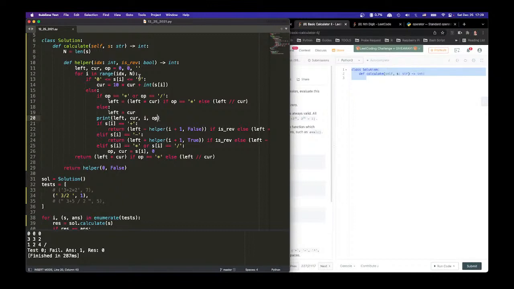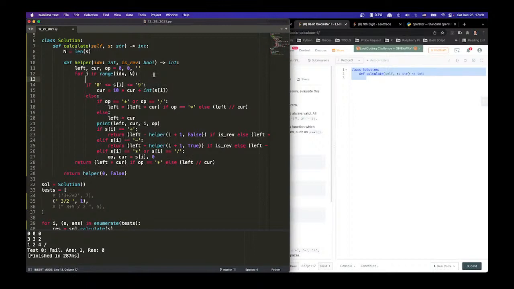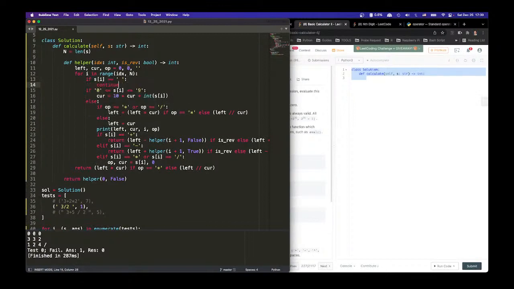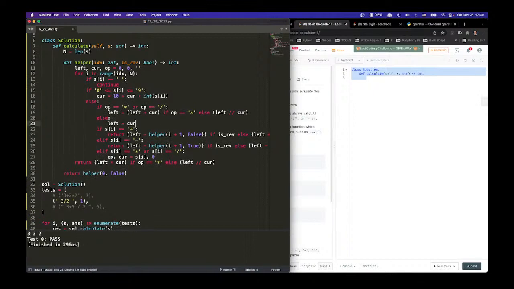And empty spaces, I think the best way to handle it, let's just ignore it. If Si is equal to empty spaces, we just continue. So we don't worry about empty spaces. Yeah, it makes things more complicated. So I just ignore empty space.